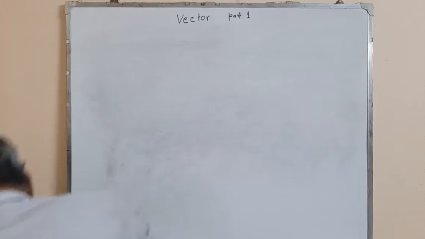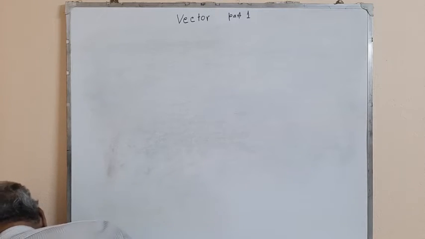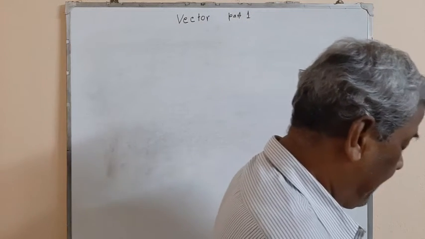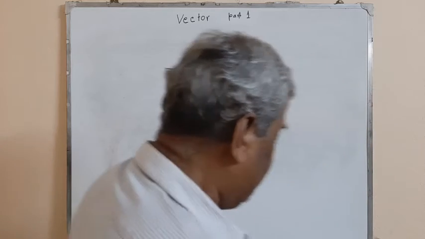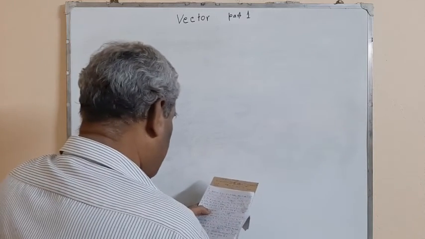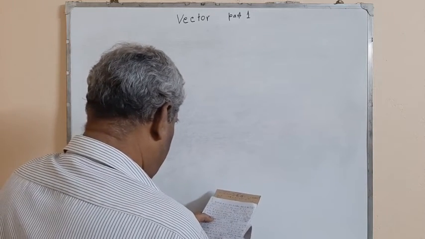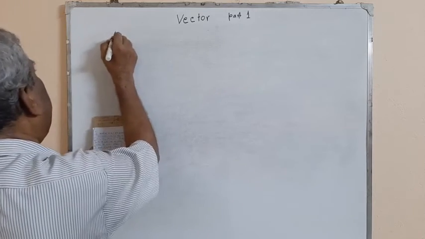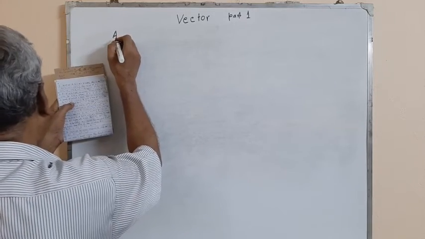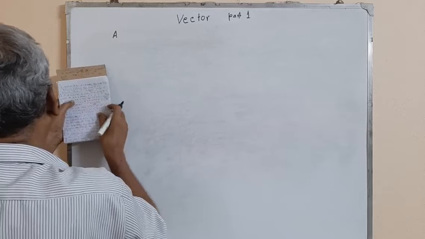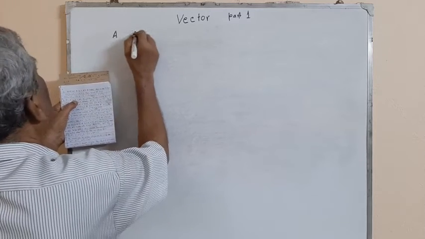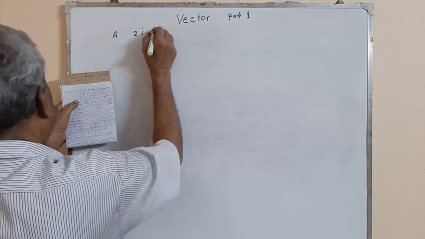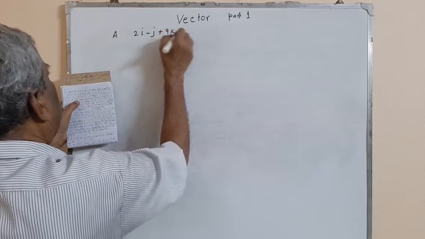Our next problem. Position vectors of A, B and C are 2i minus j plus 9k.